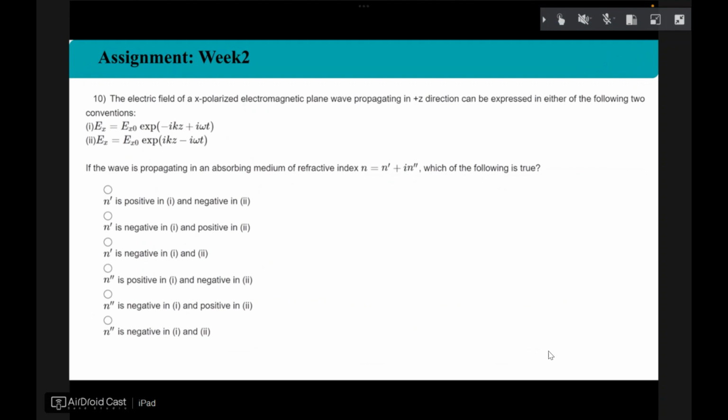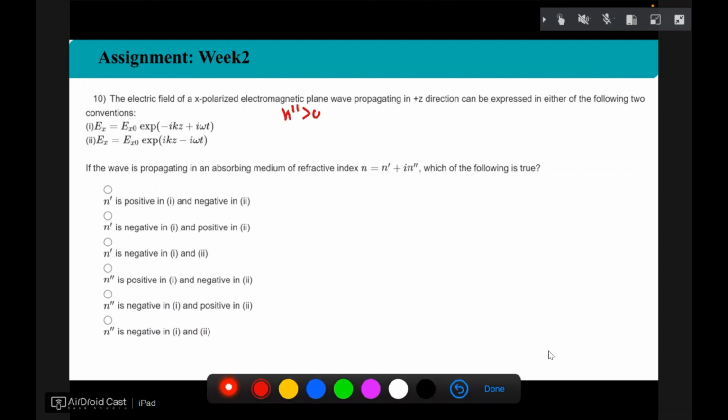For absorbing medium, n double prime will be greater than 0. So we are given that k is equal to omega by c times n prime plus iota n double prime, which is k prime plus iota k double prime.